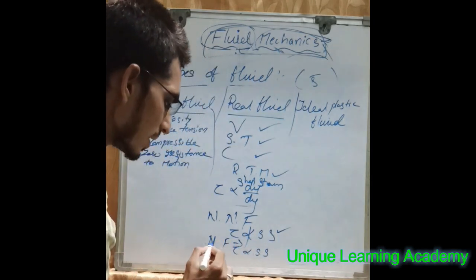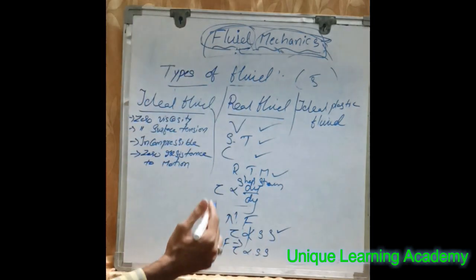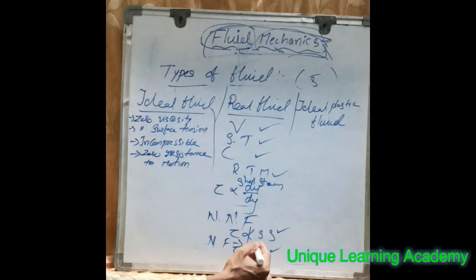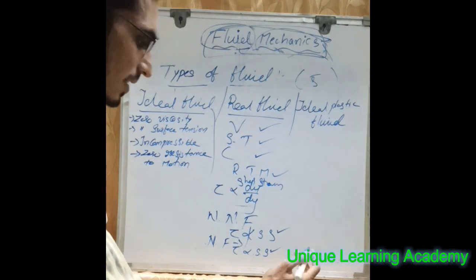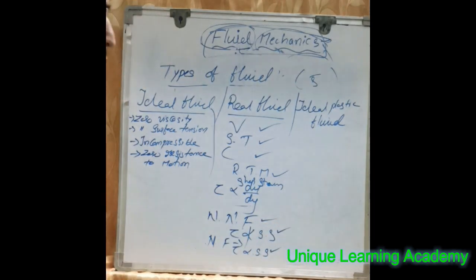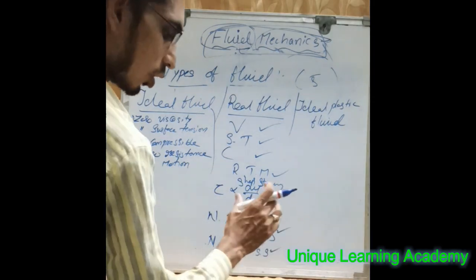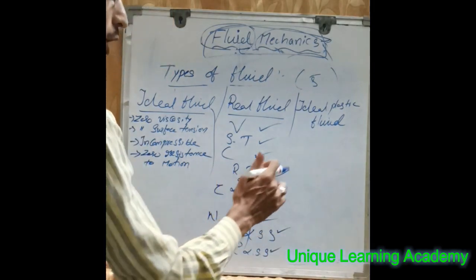Examples of Newtonian fluid are air, water, kerosene, petrol, and diesel. For the non-Newtonian fluid, the examples are mud flow and blood, etc.